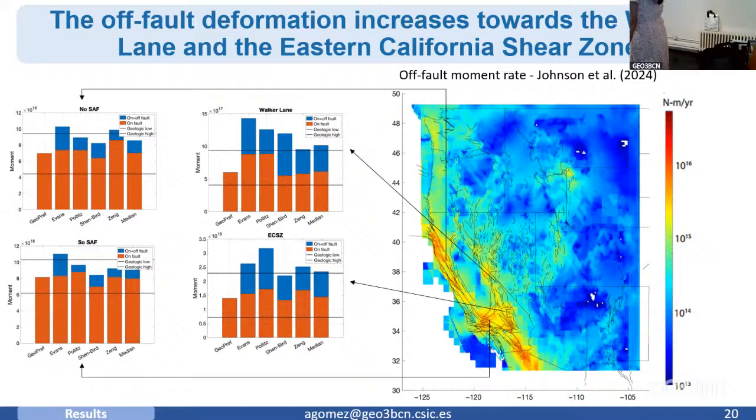We see that this off-fault component, which are the blue columns, increases compared to the on-fault component. So this means that when we go a bit towards the continent, the off-fault component is more important in relation with what is happening here along the San Andreas Fault.